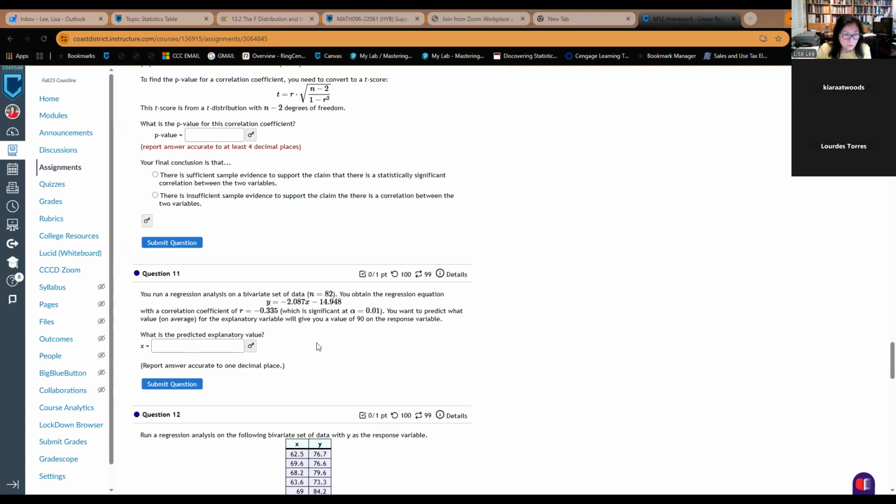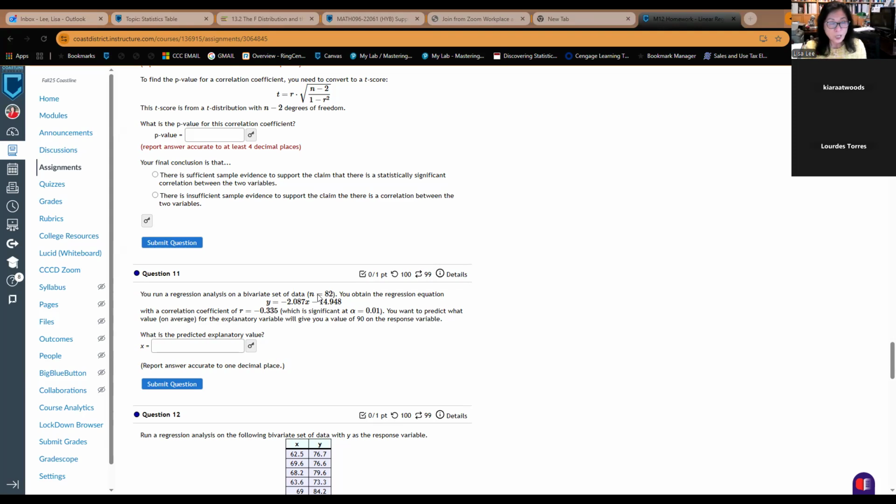So for this problem, since they did not give us anything, oh, they give the 82. You see the sample size of 82, so a large number. So where is my table? Let's see my table here. You can open a statistical table, and I found my critical value under alpha 0.01 is 0.286.